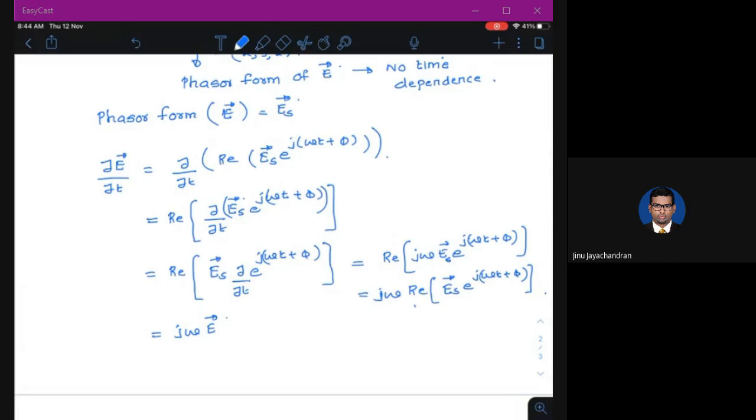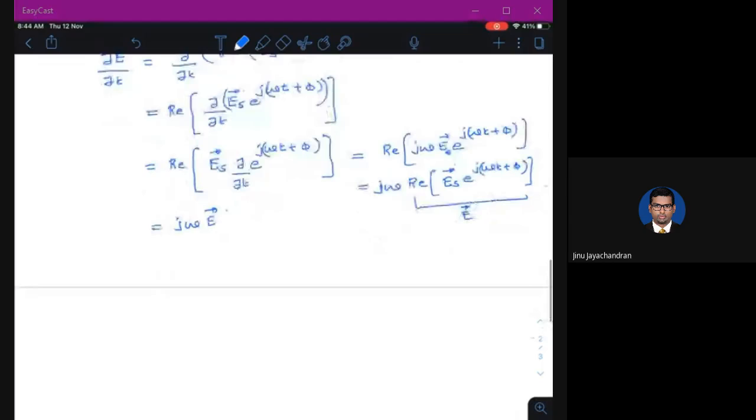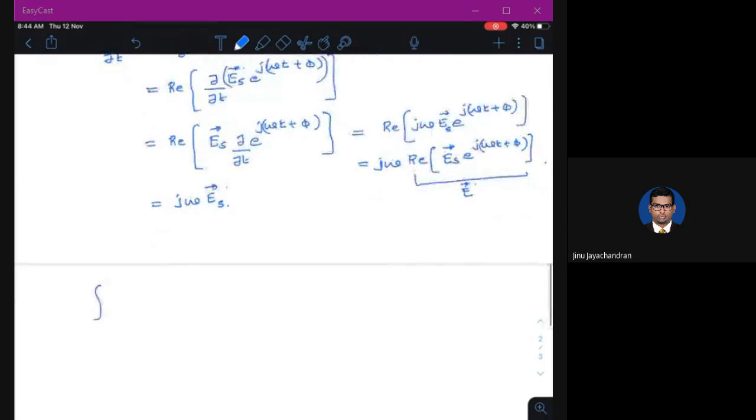Okay, so this is actually your E. So when you differentiate any vector, the phasor for the new vector will be j omega into ES. Similarly, when you integrate E with respect to t, you can transform it as ES by j omega.